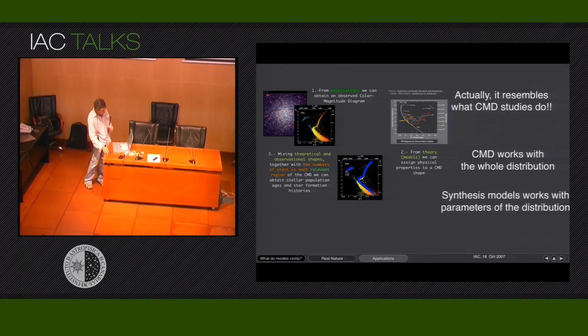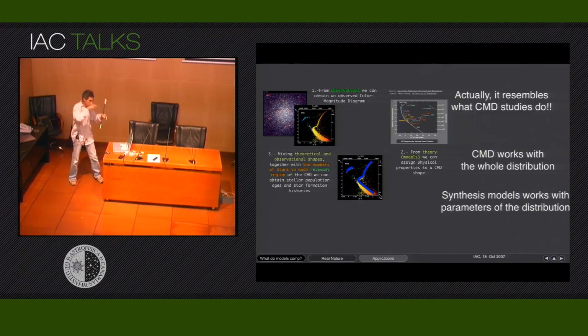You can say, okay, I can take all this and fit to the mean of the isochrone. Or you can say, I know that the number of stars here is different than the number of stars here, and here. So you have a luminosity distribution function.